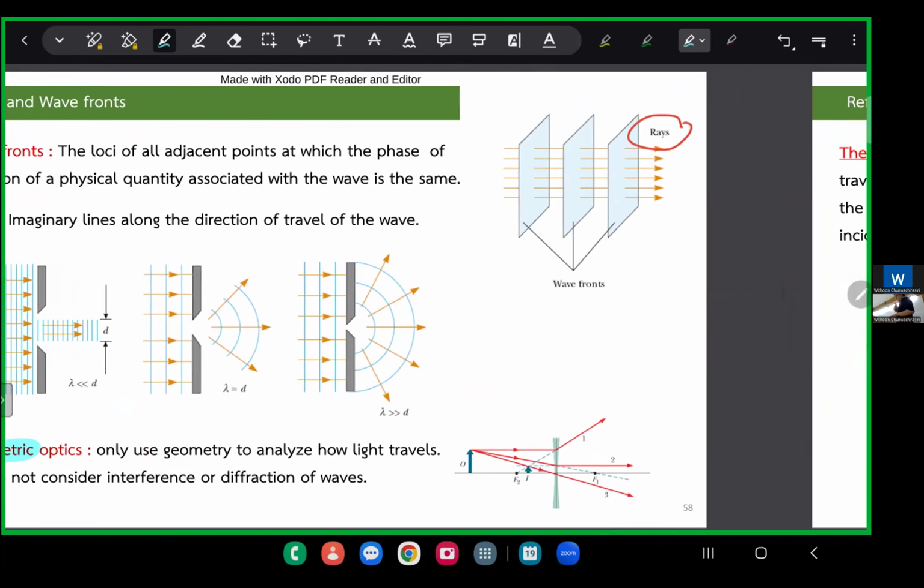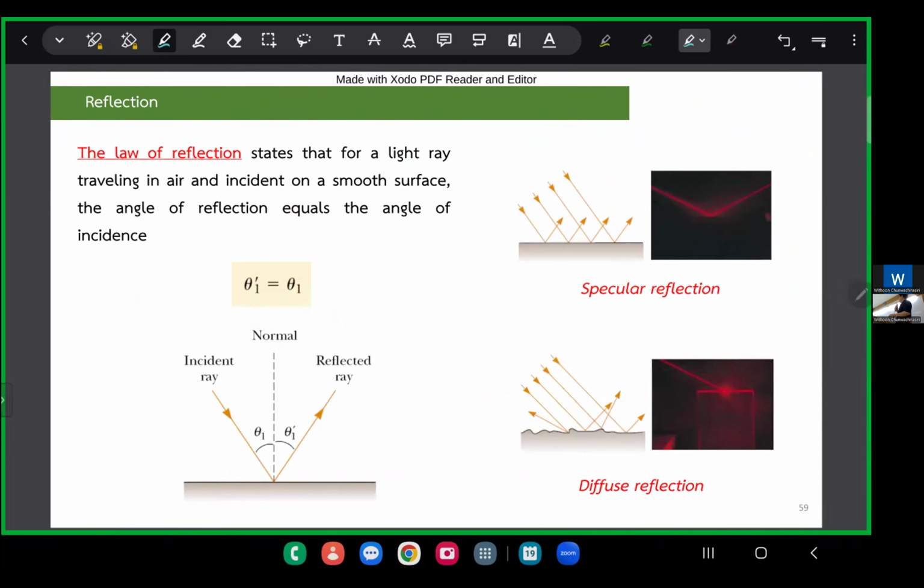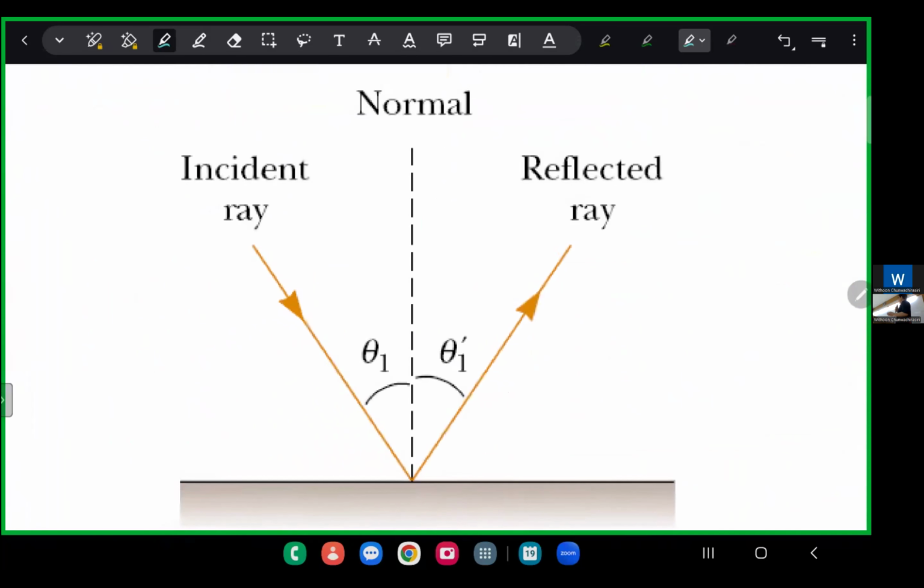All right, so the first property is reflection. Everyone knows reflection, but what we're going to do here is reflection in two dimensions. We might have seen one-dimensional reflection before: if you go forward, you get reflected, you just go backward. But if it is two dimensions, you need an angle.